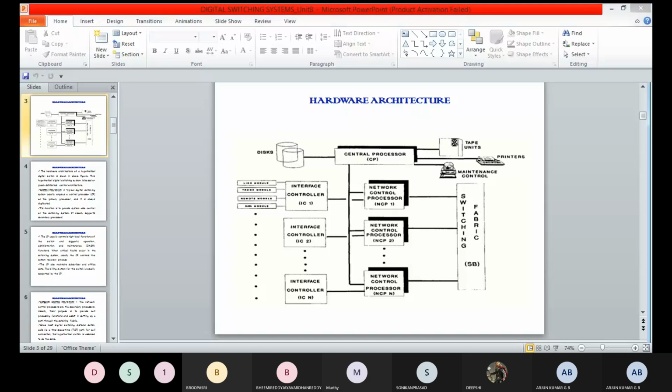It is clearly visible now. Yes, sir. Okay, please everyone, note this block diagram. Take the heading as hardware architecture. Everyone, please note this. Once you have completed, inform me, and we will go for explanation.